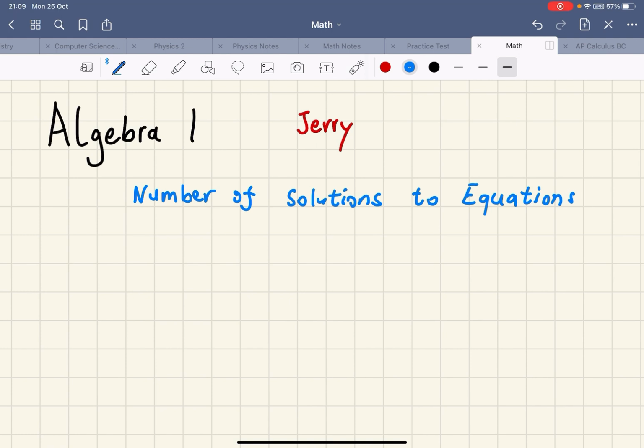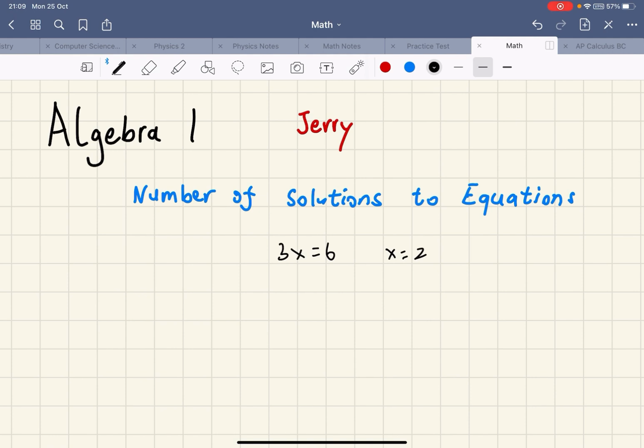So an equation is basically anything with a variable and an equal sign. So 3x equals 6 is an equation, and the solution to that equation is 2, because 6 divided by 3 is 2. Now there can be a various number of solutions to equations.